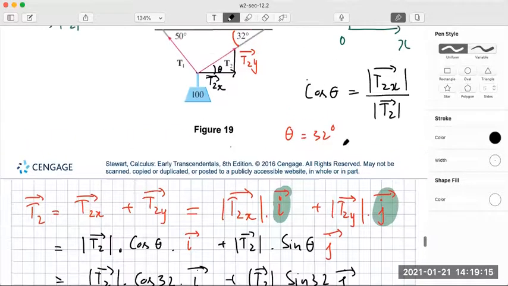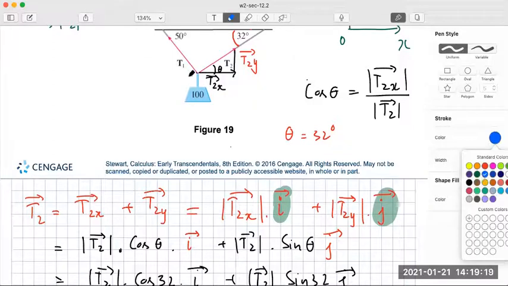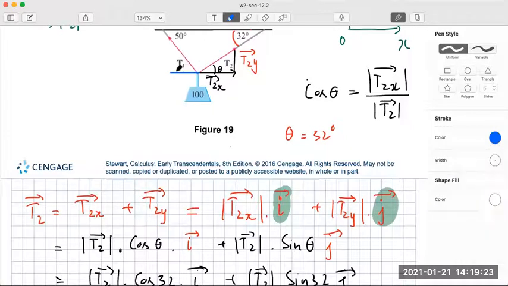The same story. We can always do this with this one. Right? T1 here. If this is 50, then this one is 50 as well.